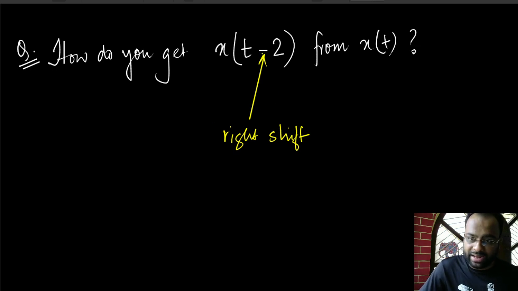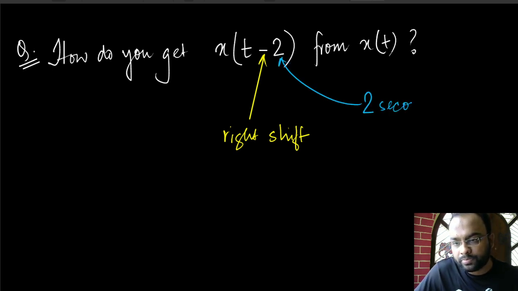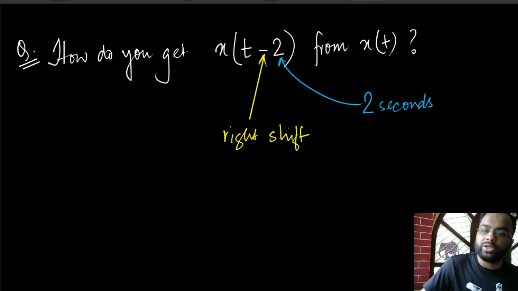For the time shifting operation, if you have a minus sign associated with t here, so this is the shifting value, the value with which we are shifting. So we have a minus sign which will indicate it's a right shift. And how much am I shifting to the right? By 2 seconds. So it's a right shift by 2 seconds, right?